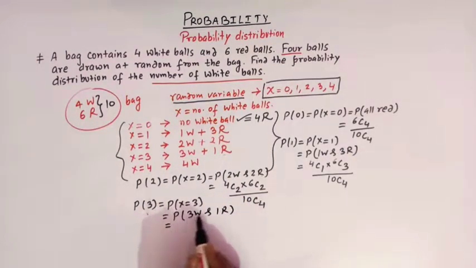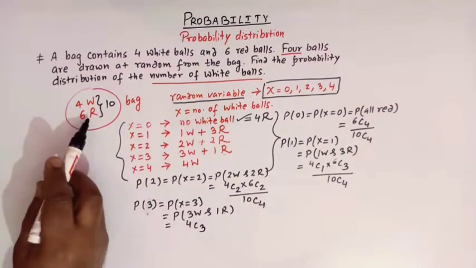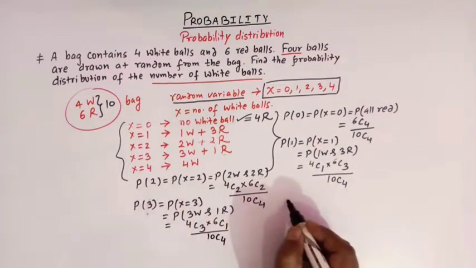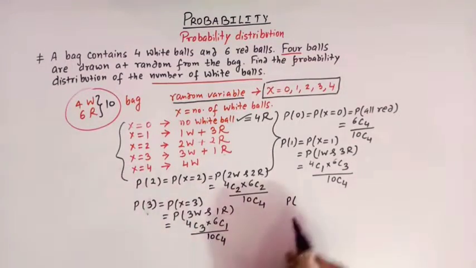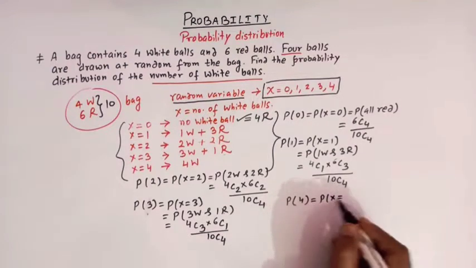And 3 white balls out of 4 white balls can be selected in 4C3 ways, and 1 red ball out of 6 red balls can be selected in 6C1 ways, right? And the total number of favorable cases would be 4C3 times 6C1 divided by 10C4, right?